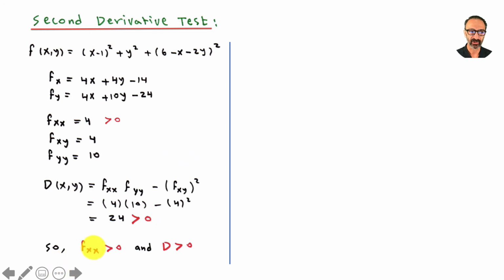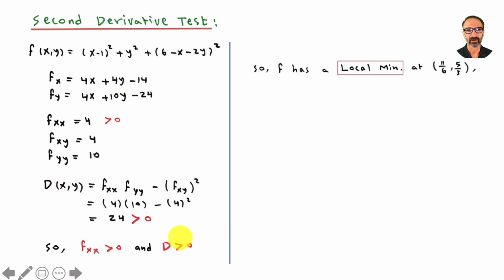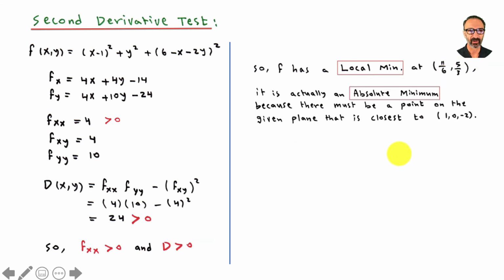I only have one critical point. So f has a local minimum at 11 over 6, which is case 1 in the second derivative test. I have 4 cases. At the critical point that we just mentioned, it is actually the absolute minimum.